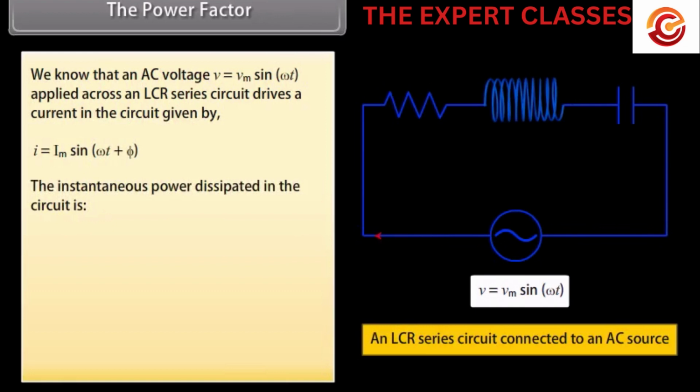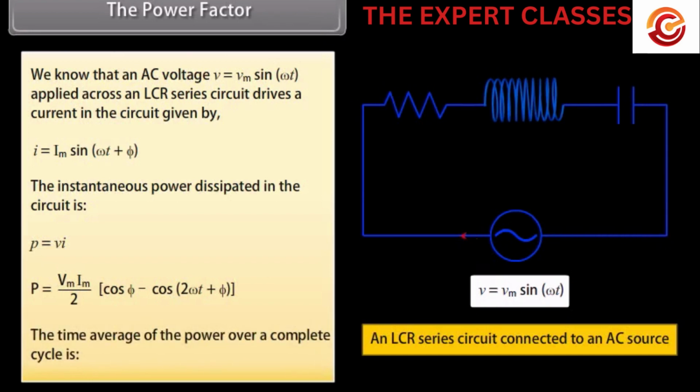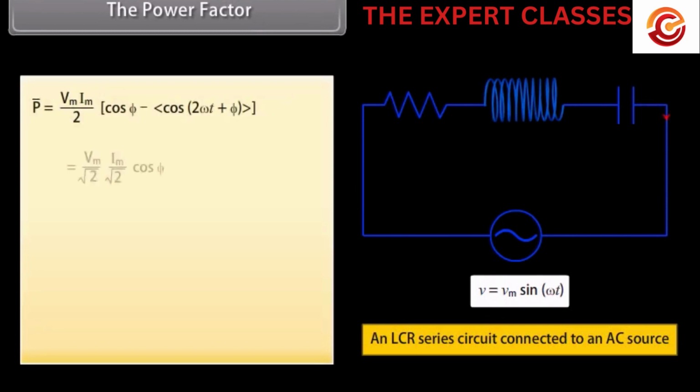The instantaneous power dissipated in the circuit is P equal to Vi. The time average of the power over a complete cycle is given by Vrms into Irms into cos phi.